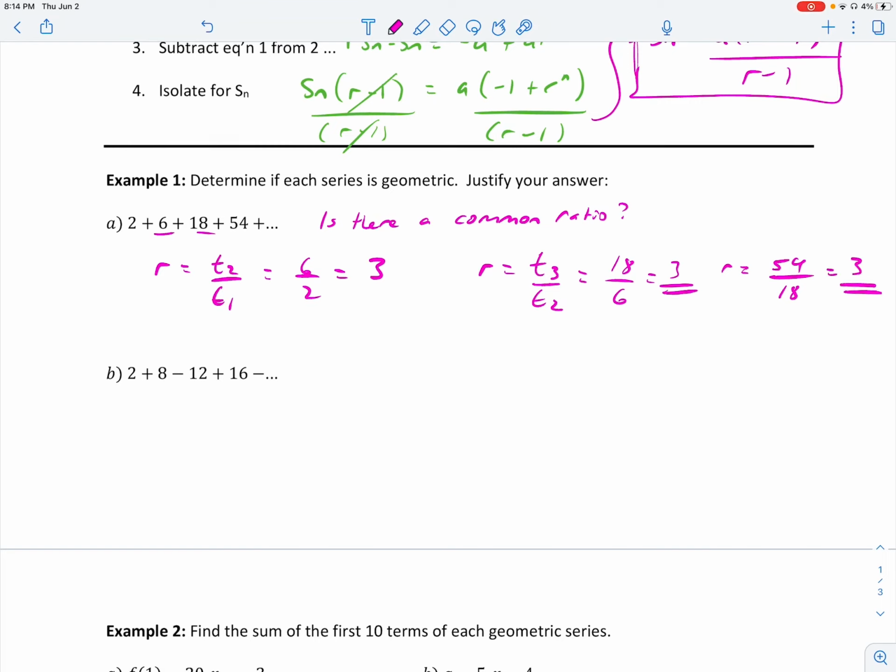So because there is a common ratio between all of the terms, it is therefore geometric. So we can say, since the common ratio is 3, the series is geometric.